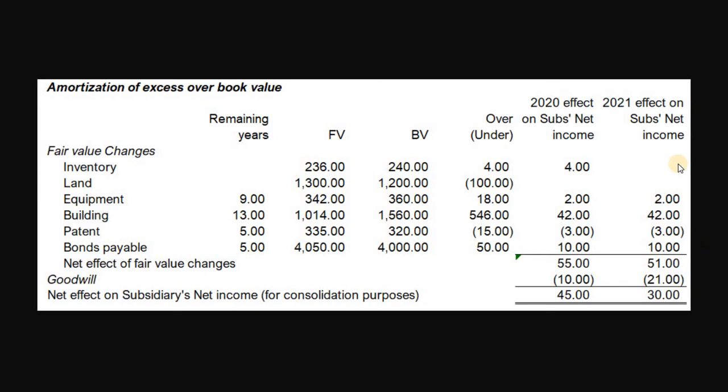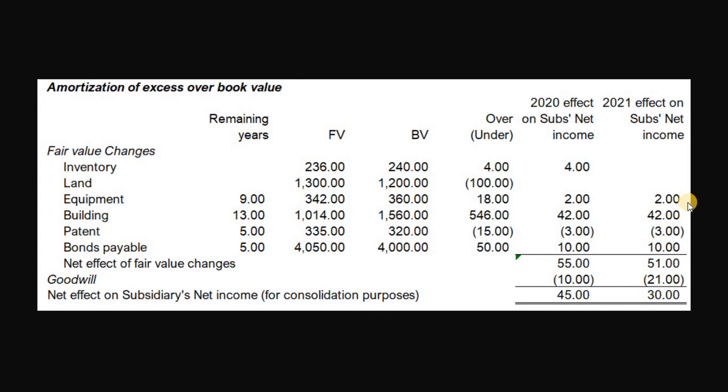The inventory is no longer included in the 2021 amortization because the difference between the fair value and the book value of 4 pesos is already amortized in full in 2020. So which means there is no 2021 amortization related to inventory.